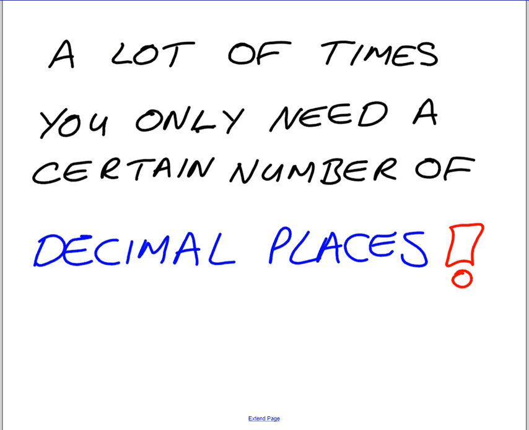Right. But sometimes you only need a certain number of decimal places. It just depends on the situation that you're in. Depends if you're measuring something in kilograms. You might only need it to 2 or 3 decimal places. 3 decimal places in kilograms would actually give you the equivalent of grams.